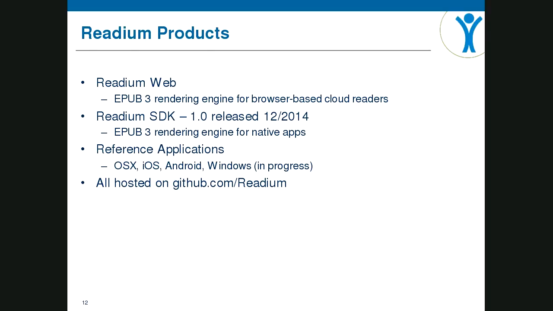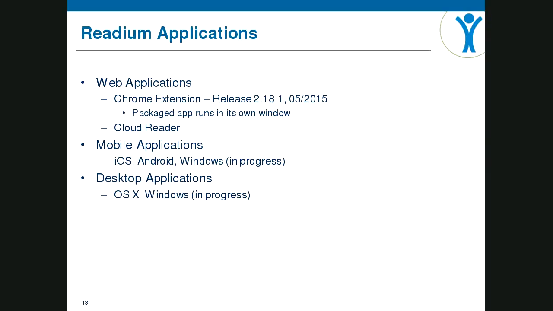Kobo uses Readium code as well. So going on, I think the Chrome extension seems to be working best of all of them, but we're working on trying to get broad support. I think I covered most of that.